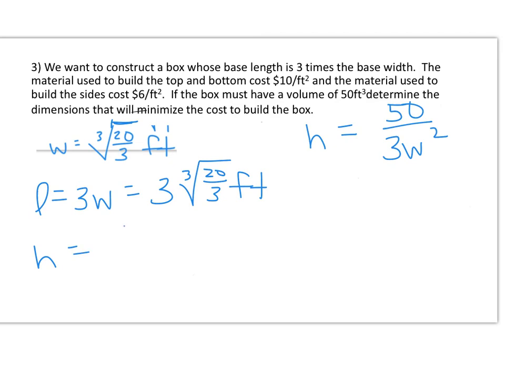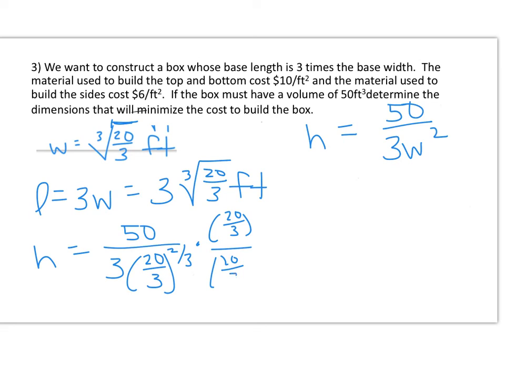So my height is 50 divided by 3 times 20 over 3 to the 2/3. Remember, the 2 is the squared, and the denominator 3 in the 1/3 tells me it's a cubed root. But this is not okay, so I'm going to multiply by 20 over 3 to the 1/3 power over 20 over 3 to the 1/3 power. So this is equivalent to 1. But what it's doing is getting that radical out of the denominator, so that it's something I can work with a little bit better.